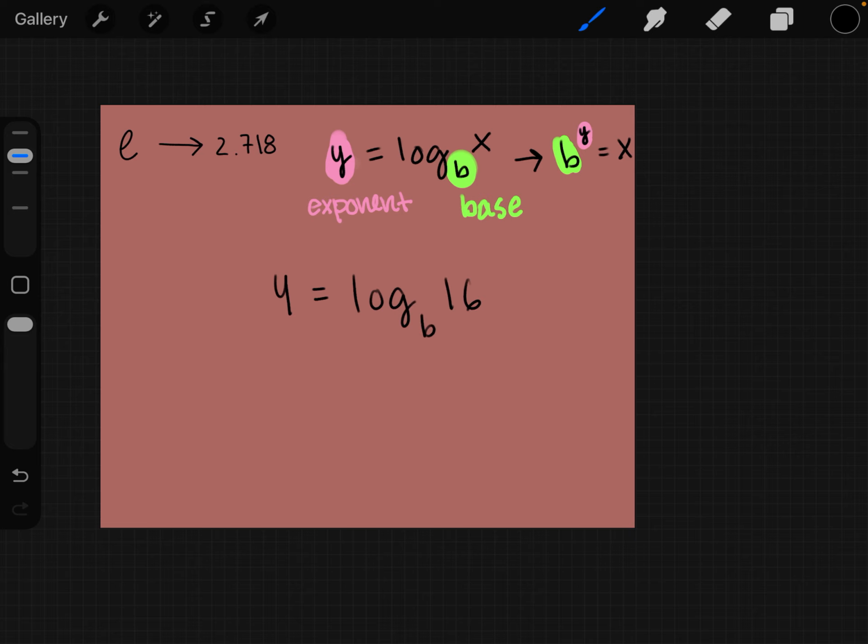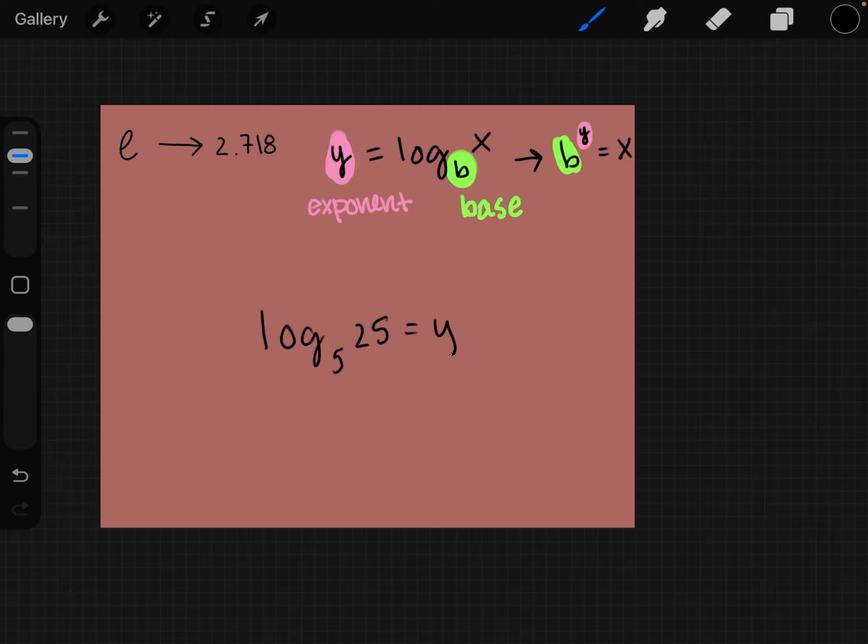We just did this one, but for some reason it's in my homework twice. Our base, right here. B, exponent, 4. 16 is all that's left. Okay. And then this one, they flipped it around to try to trick you.